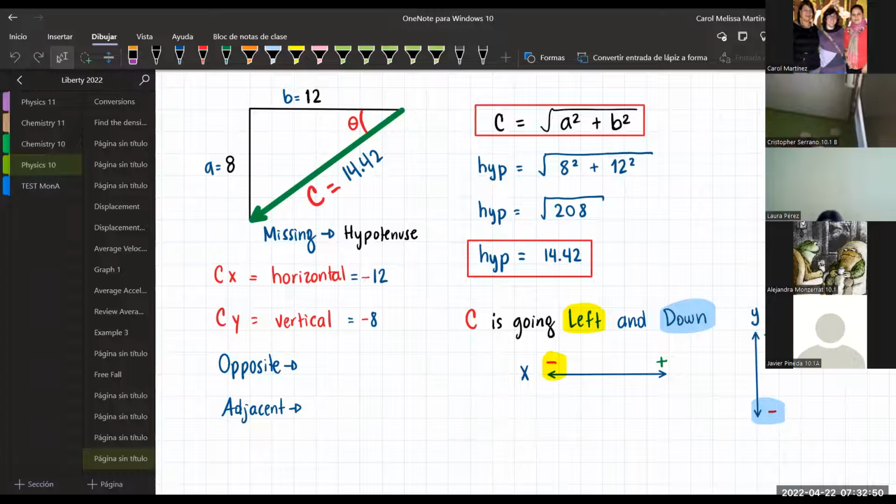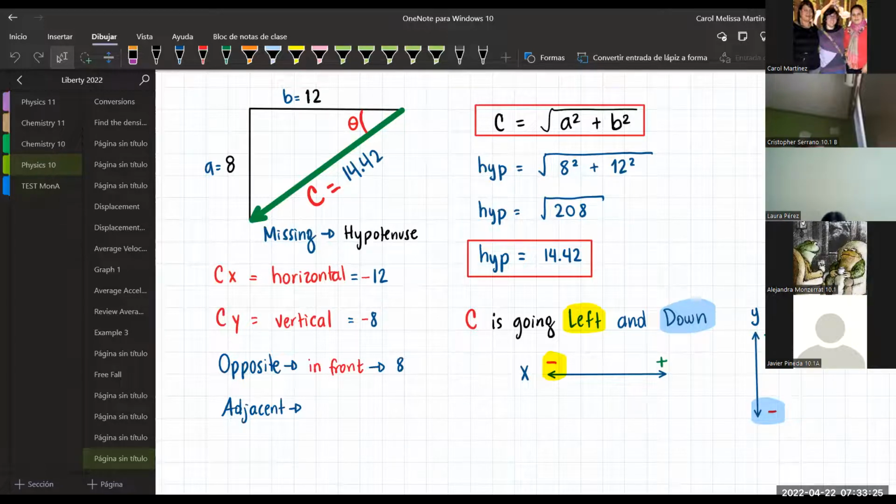Remember that opposite means, what does opposite mean? Does it mean in front or does it mean that it's touching the angle? In front. Opposite means in front. So what side is in front of my angle? The one of 8. So my opposite side is going to be 8.